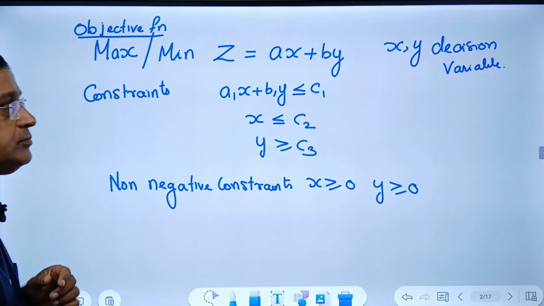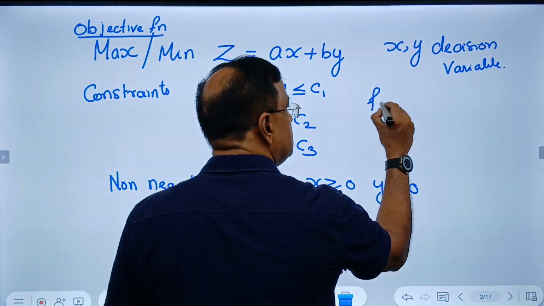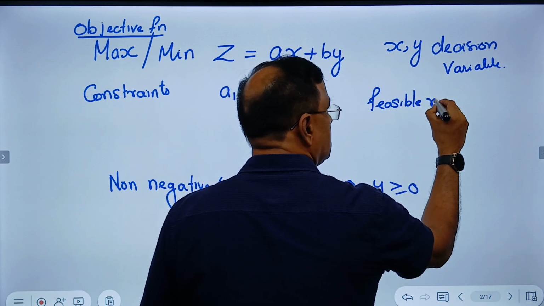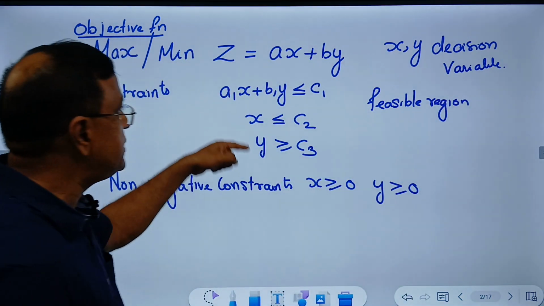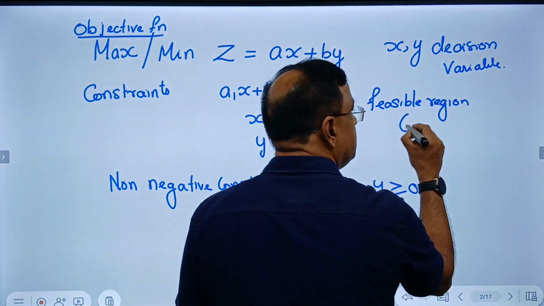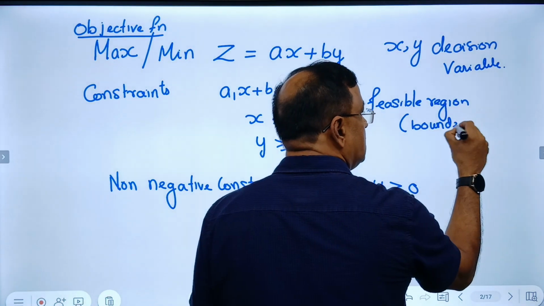y greater than or equal to 0. Then I have introduced you to some words called feasible region. The overlapping region of the constraints is called the feasible region. There are 2 types of feasible region: one is bounded, the other one is unbounded.